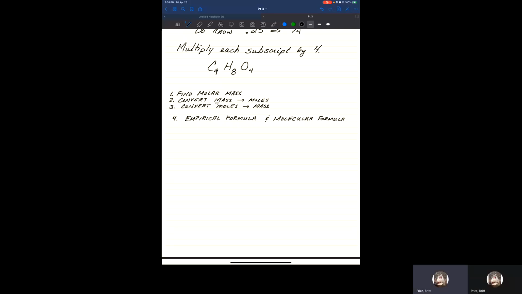And stuck in here with the empirical formula, we did touch on percent composition.